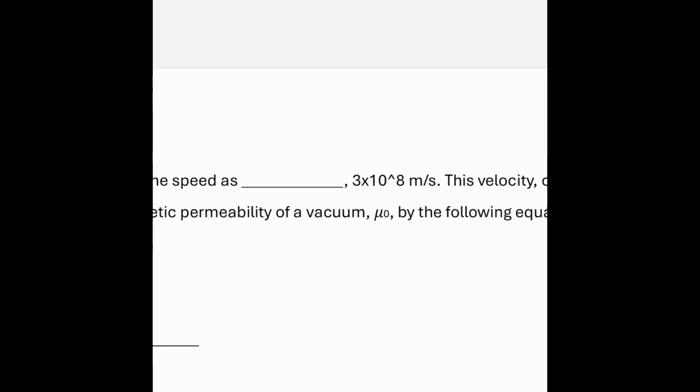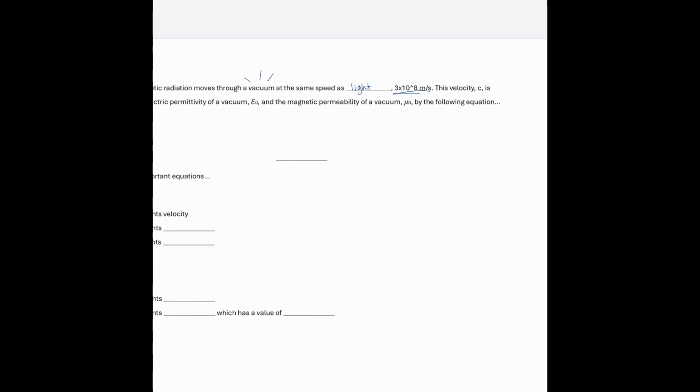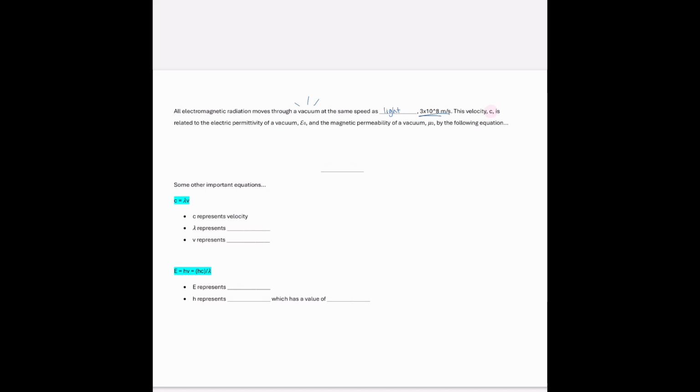All electromagnetic radiation moves through a vacuum at the same speed as light, which you could have guessed because I put the value right here. And this velocity, which we're going to be referring to as c, is pretty important. It is related to the electric permittivity of a vacuum and the magnetic permeability of a vacuum by this equation here.